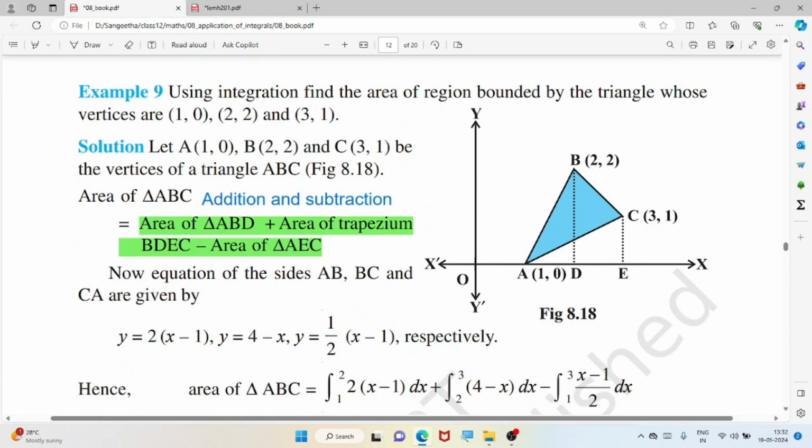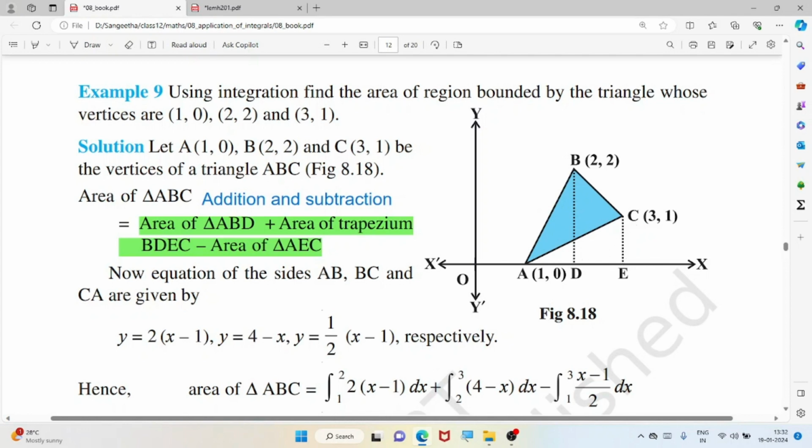Using integration, find the area of the region bounded by the triangle whose vertices are given. You see here, this is a triangle ADB plus a trapezium BD. Then this area we have to subtract, the triangle area ACE.